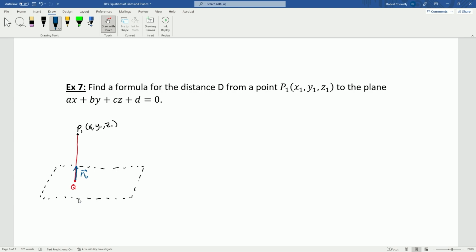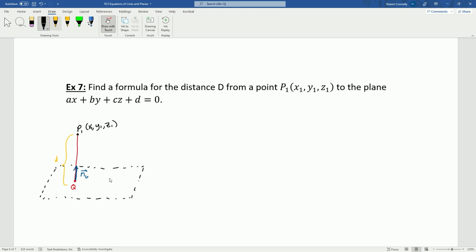All right, and now I know I should be able to find some relationship between this point and any arbitrary point on the plane that will let me find this distance. So what I really want is this distance here, right? That's what I'm trying to find.